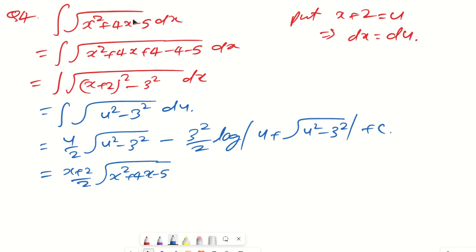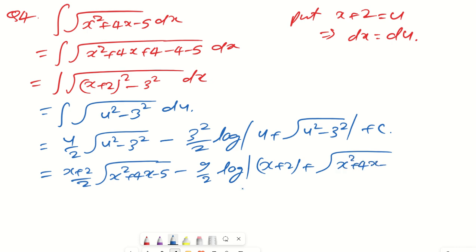You will get this particular value, okay, minus 9 by 2 log of x plus 2 plus square root of x square plus 4x minus 5 plus some constant c. So I have replaced u is equal to x plus 2 back, and this is how we have got the answer.